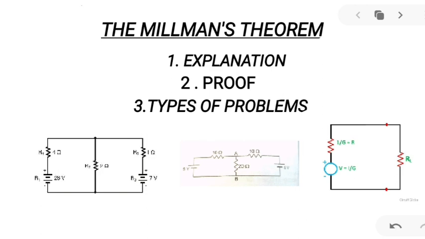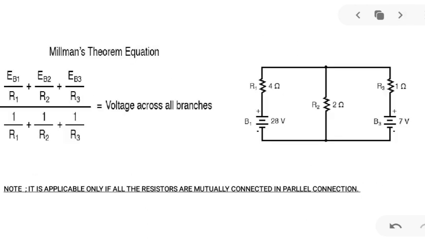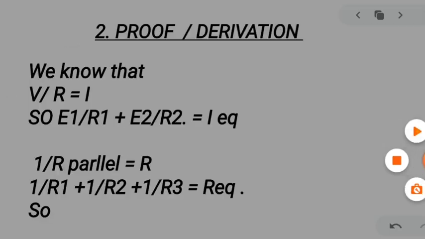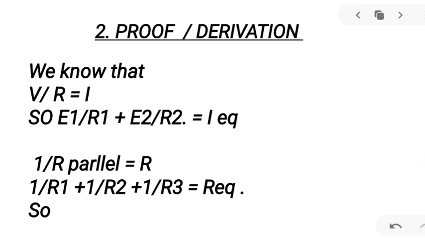The resistance of the one resistor is equal to the equivalent resistance of all the parallel resistors, and the voltage across all branches is equal to (E1 by R1 plus E2 by R2 plus E3 by R3) divided by (1 by R1 plus 1 by R2 plus 1 by R3). A very important point is that it is only applicable if all the resistors are mutually connected in parallel.